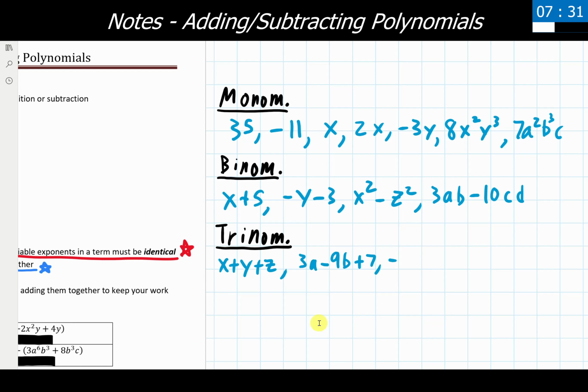Maybe it's -4x squared plus 13y to the third minus 9xy, something like that. So we have three things adding or subtracting together with trinomials.